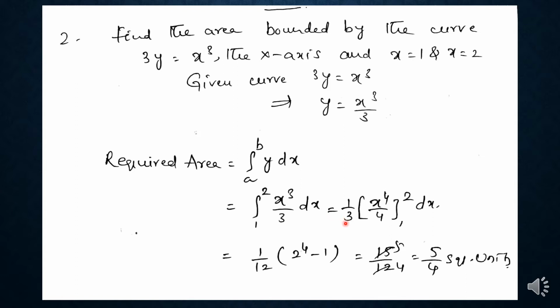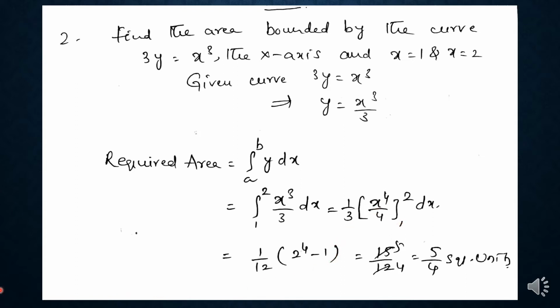That is 1 by 3 into integral x cube dx, which is x to the power of 4 by 4 from 1 to 2. That is 1 by 12 into, by putting the upper limit, 2 to the power of 4 minus, by putting the lower limit, 1 to the power of 4, that is 1.